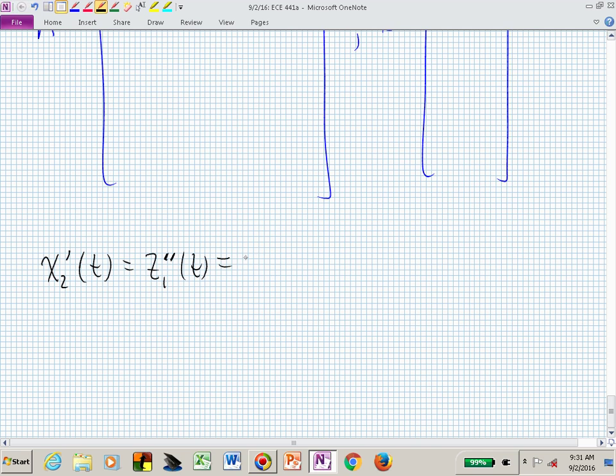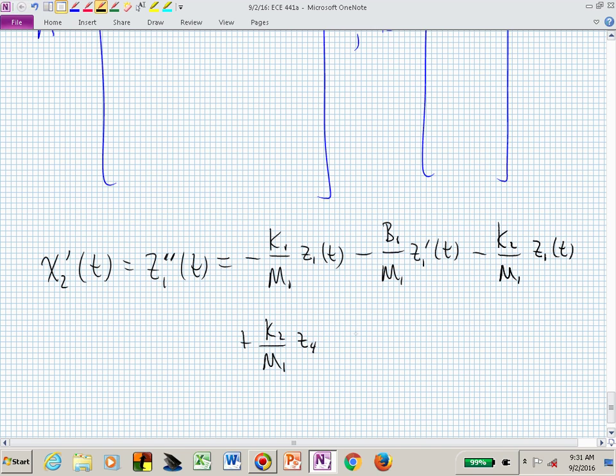And that, if I keep track, if I just write it down, that was k1 over m1 z1 minus b1 over m1 z sub 1 prime minus k sub 2 over m1 z sub 1 plus, all of these are still on the right, k sub 2 over m1 z sub 4 minus k sub 3 over m sub 1 z sub 1 plus k sub 3 over m1 z sub 3 plus 1 over m1 u sub 1.